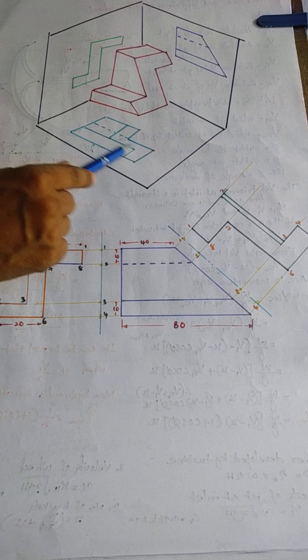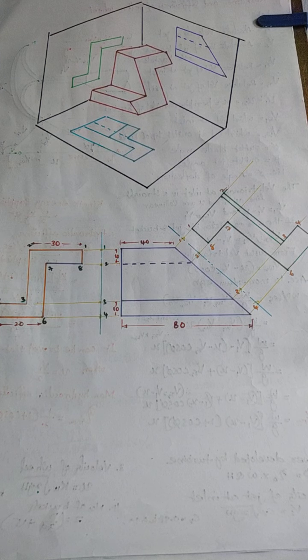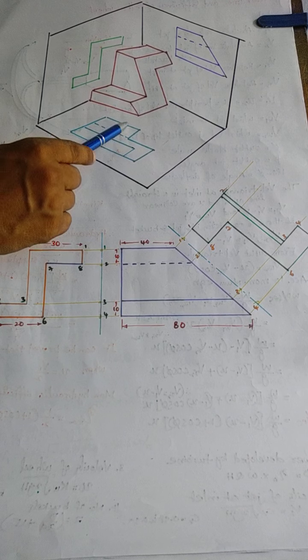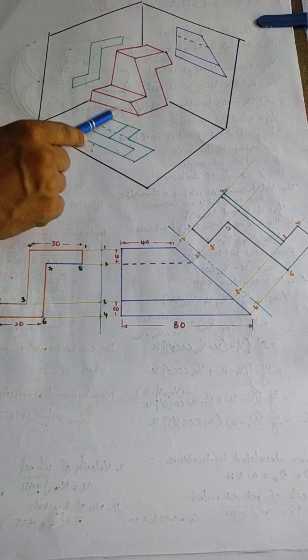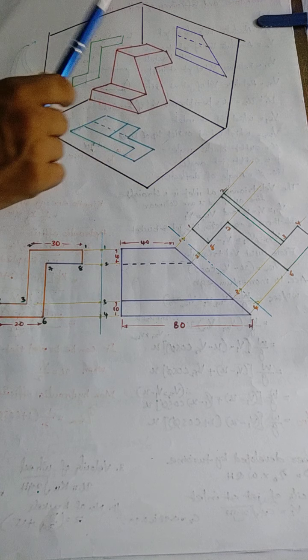So this shape is the surface of this inclined one. The remaining portions are true size; only this portion is not the true size of the given object.